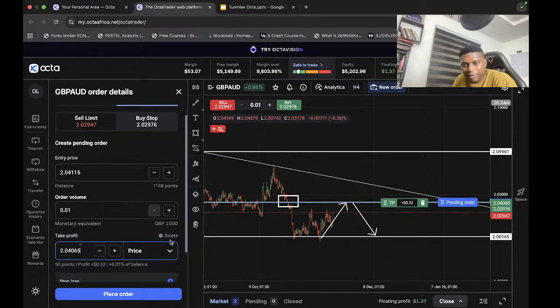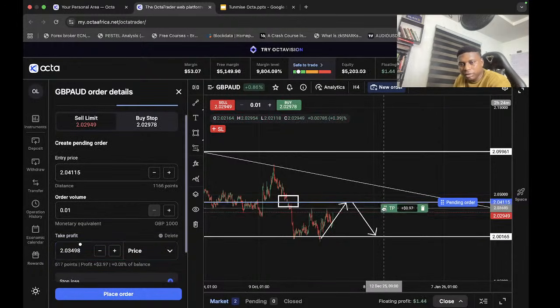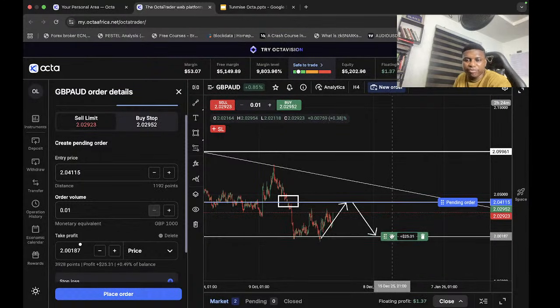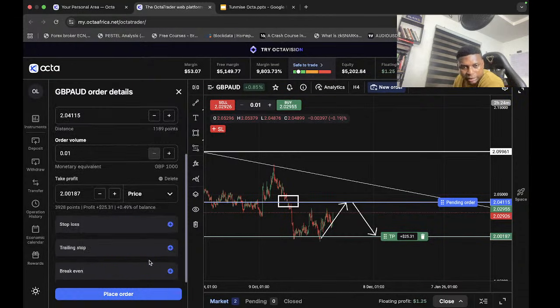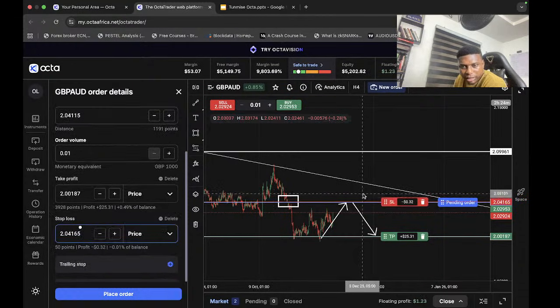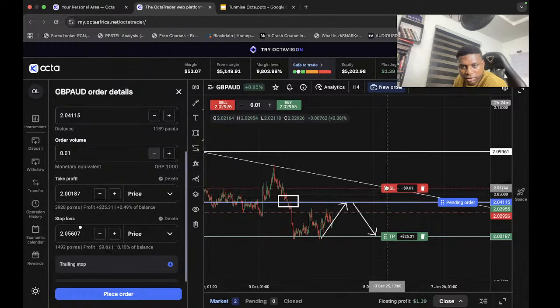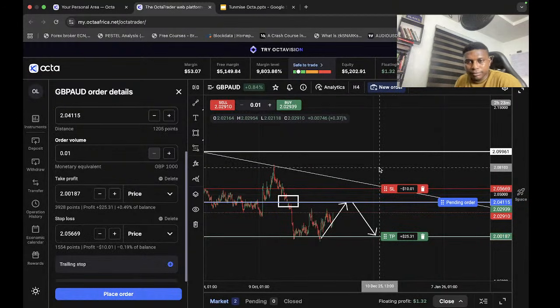Before doing that, I'm going to set the take profit level. Okay, I'm willing to take profit if price comes down here. And the stop loss, I'm willing to take a stop loss just right here.